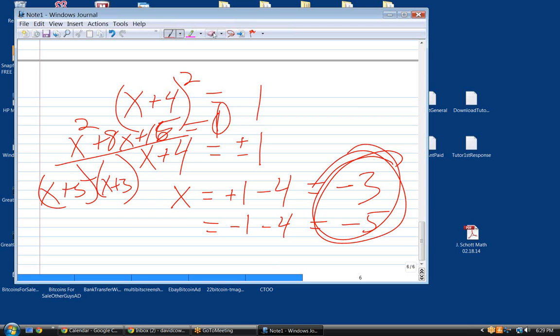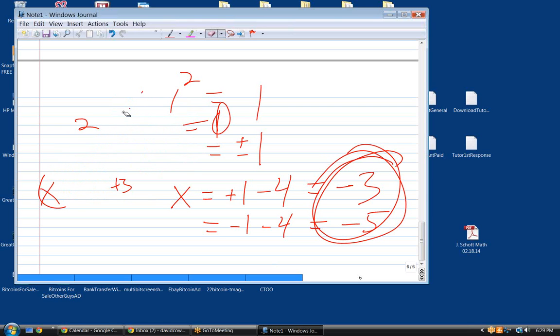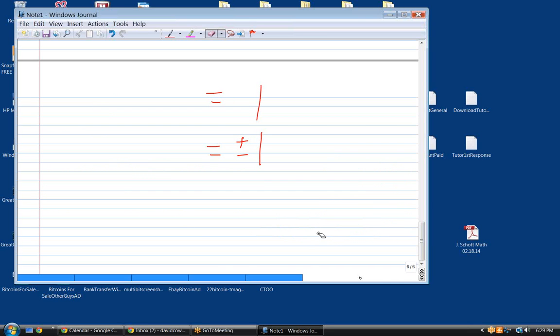But what I wanted you to see was how this plus or minus affects things. In other words, when you get x plus 4 equals plus or minus 1, you have to know how to handle it from there. Just break that into two different things.